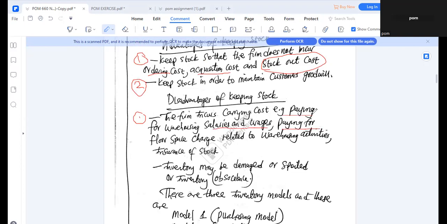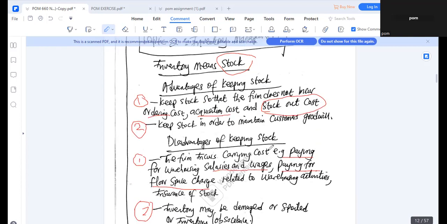Of course, even also paying for the floor space charge related to the warehousing activities. Inventory may be damaged or may be spoiled. So this is another disadvantage of keeping stock.